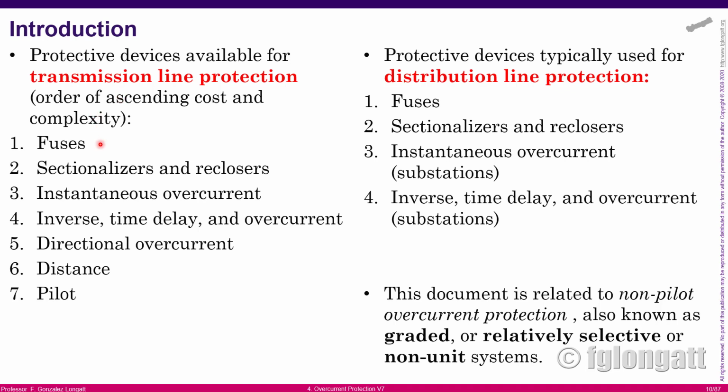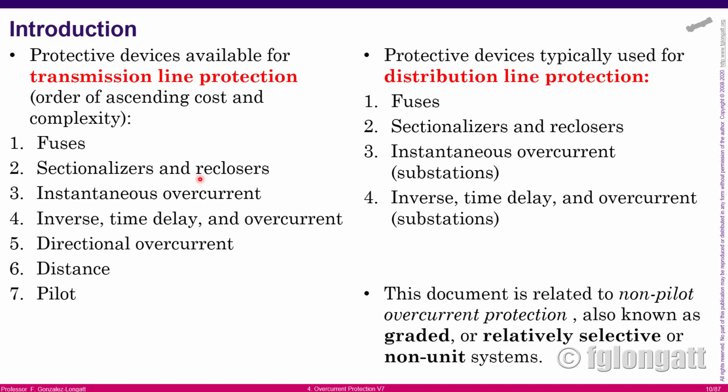Fuses are not typically used in extra high voltages. However, that is a possibility. Sectionalizers are not used quite frequently in transmission systems, but that can happen in some cases. Reclosers, yes, there is a possibility that the reclose function is enabled in the power circuit breaker. Reclosers as a device in extra high voltage are not typical.